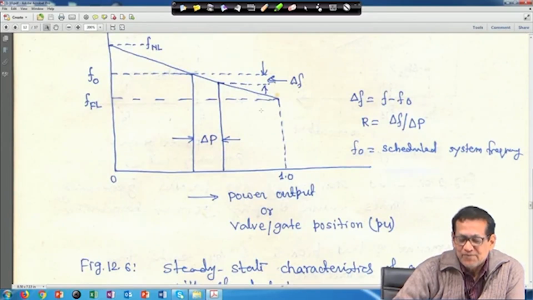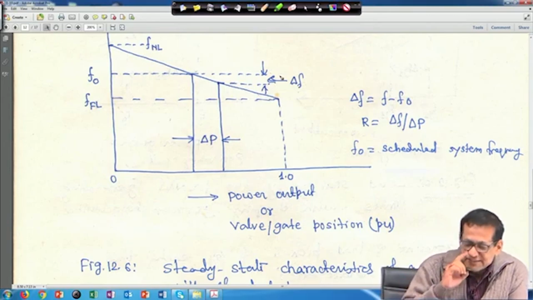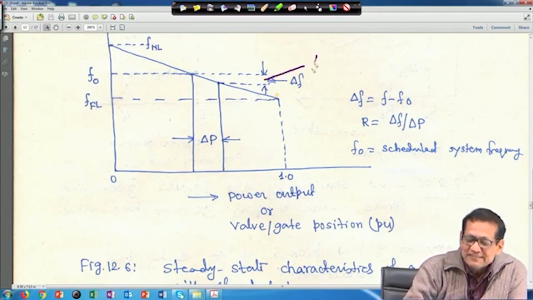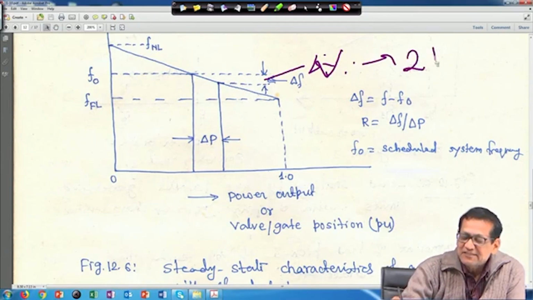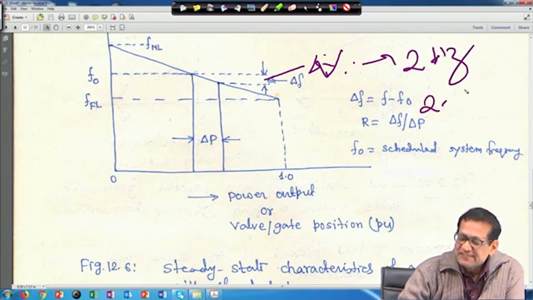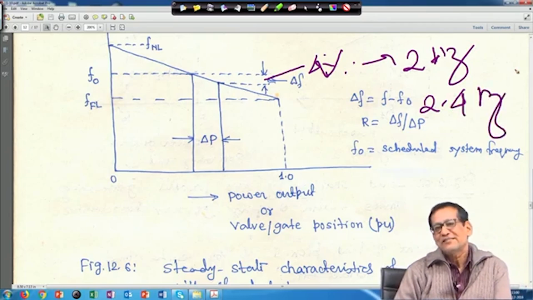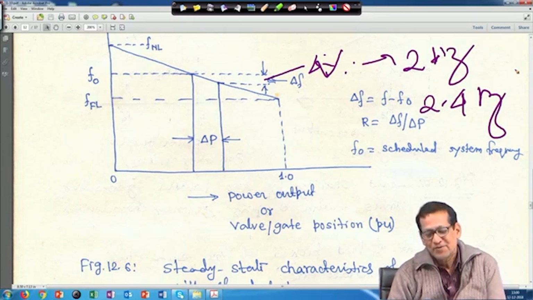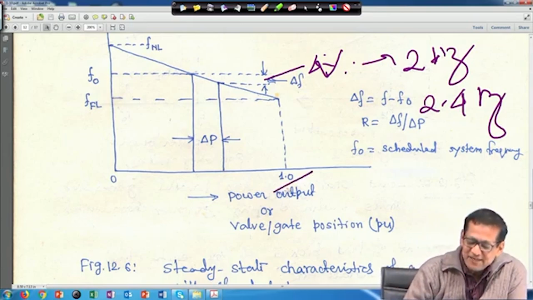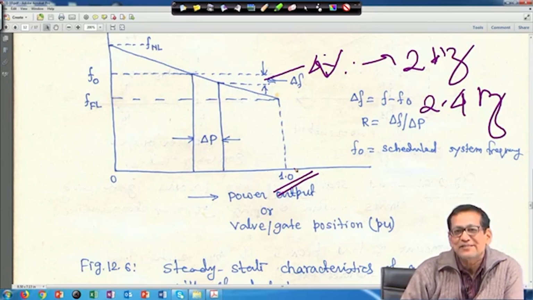For example, this 4% change in frequency is nothing but 2 hertz for a 50 hertz system, and 2.4 hertz for a 60 hertz system, because 4% is 0.04 into 50, so 2 hertz. For that, there is a 100% change in power output, that is 1 per unit. That is the meaning of equation 1.